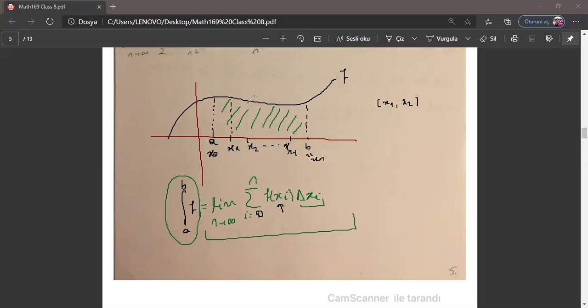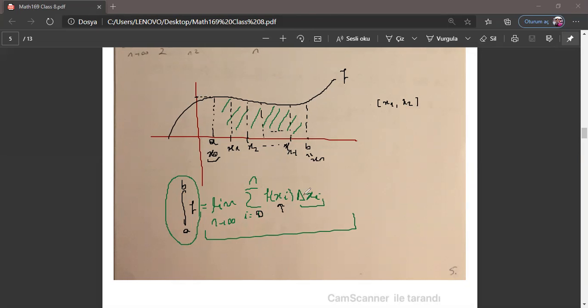We divided the area into subintervals and it will continue like this. So what do we do now? We take the left endpoint of each subinterval. For the subinterval x0, x1, we take x0 and take the value of the function at that point. So it will be this point, right?